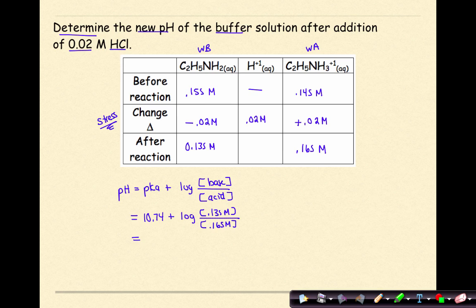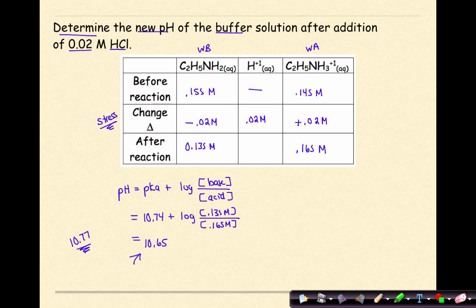And if I work all that out, I get a new pH of 10.65. This is in comparison to my original pH before the acid was added, which was 10.77. So this pH is after the acid was added.